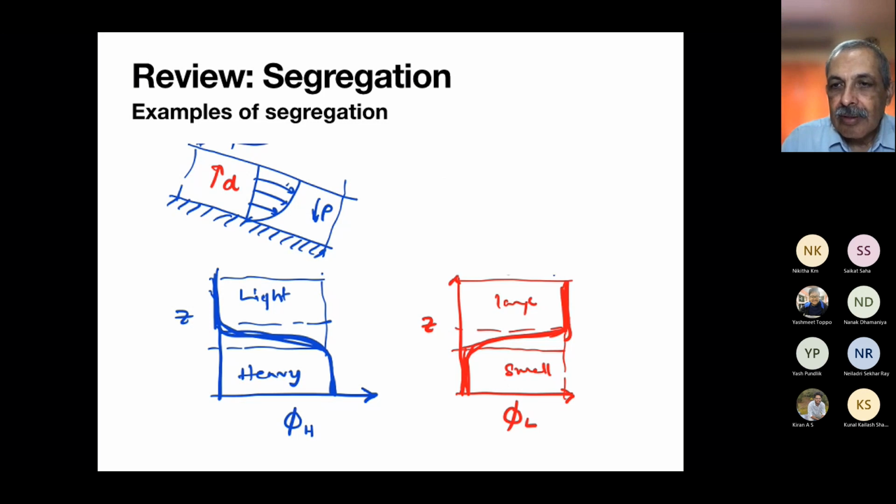So now what I'd like to do is just try and explain why this segregation happens, and how we can come up with some simple models for this segregation. This is what I'm going to start off with today.